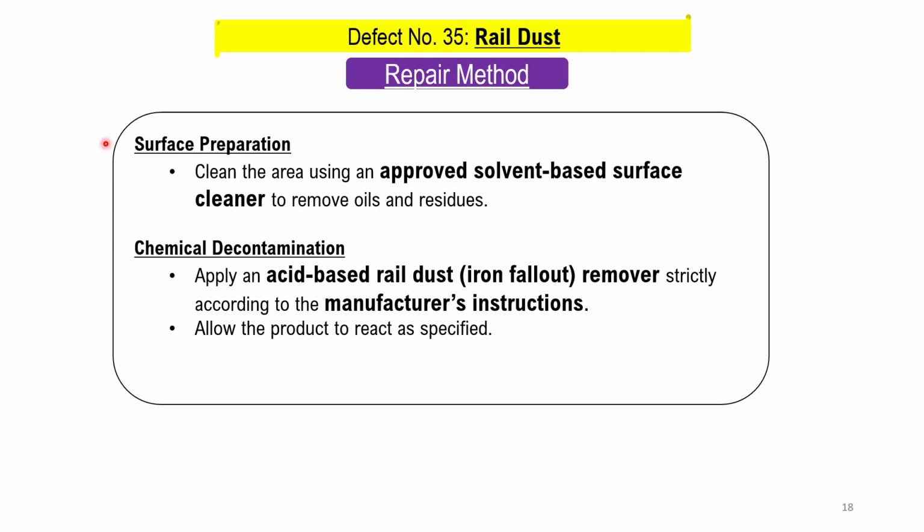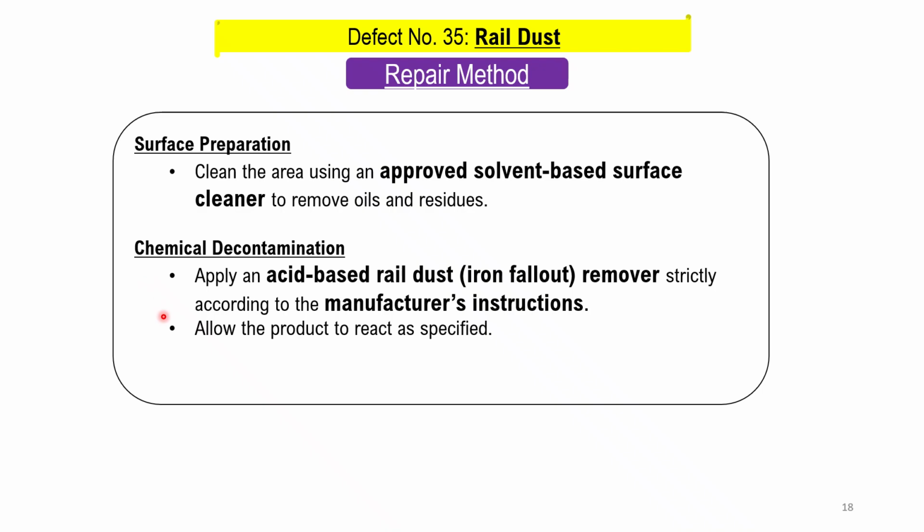Thereafter, surface preparation. That is, clean the area using an approved solvent-based surface cleaner to remove oils and residues. Then, chemical decomposition. Apply an acid rail dust iron fallout remover strictly according to the manufacturer's recommendations or instructions.